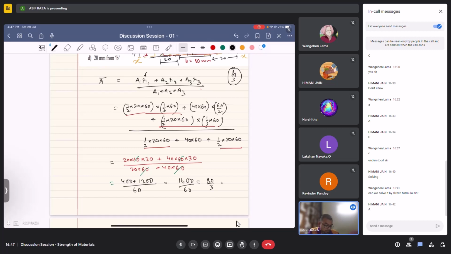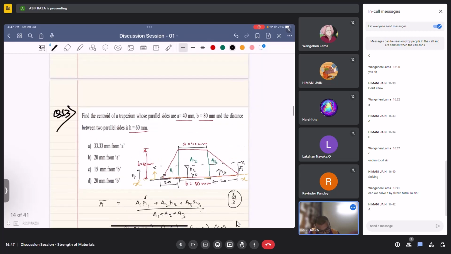So we can write it as 26.67 or 66, millimeter.